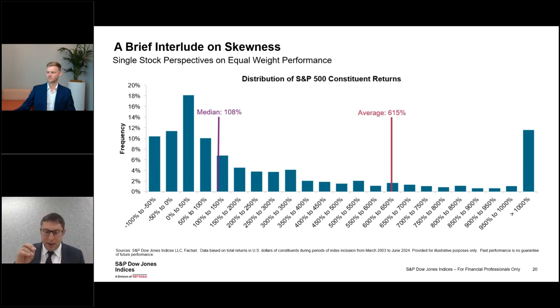But if you think about the perspective of portfolio construction, if you knew two things: one, in the future the distribution is going to look like this, and two, I don't have any real insight, any real crystal ball around who is going to be the heroes. One way to think about portfolio construction is I just want to make sure that I have participation in the future heroes.